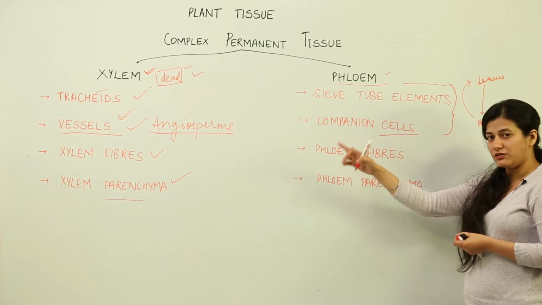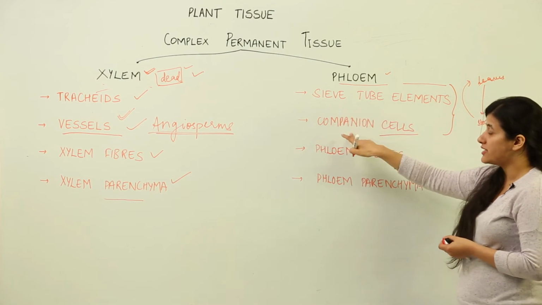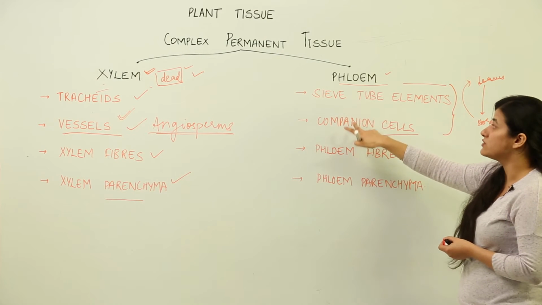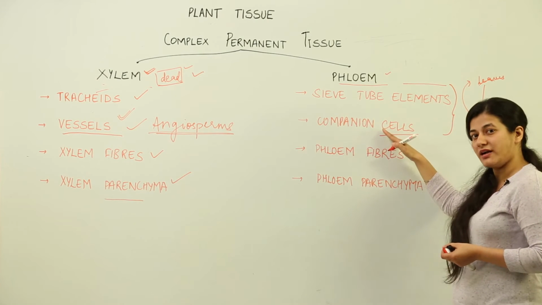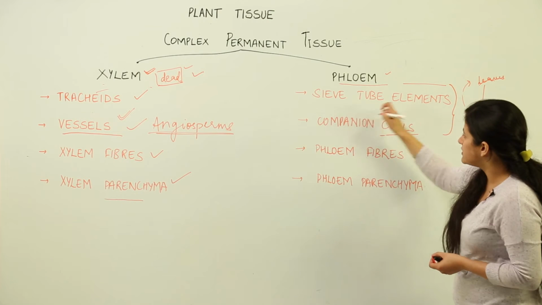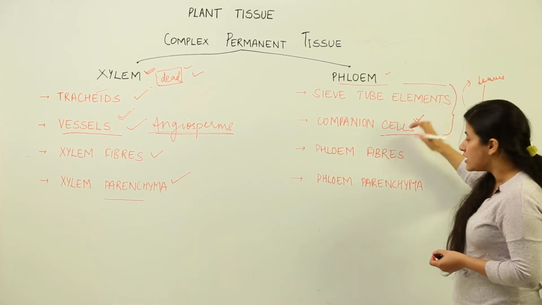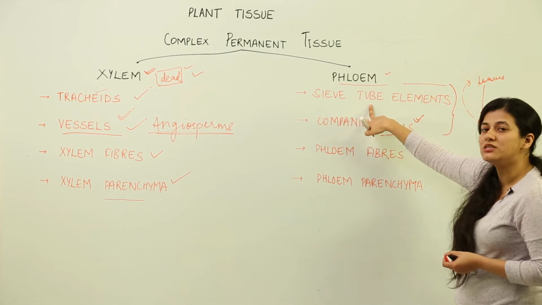Then come to phloem. As we were discussing the four cells of xylem, we have to discuss cells of phloem as well. These two cells are always in association with each other. These two are derived from the same meristematic cell. The term companion cell is given because this is going to be present in combination with sieve tube elements.